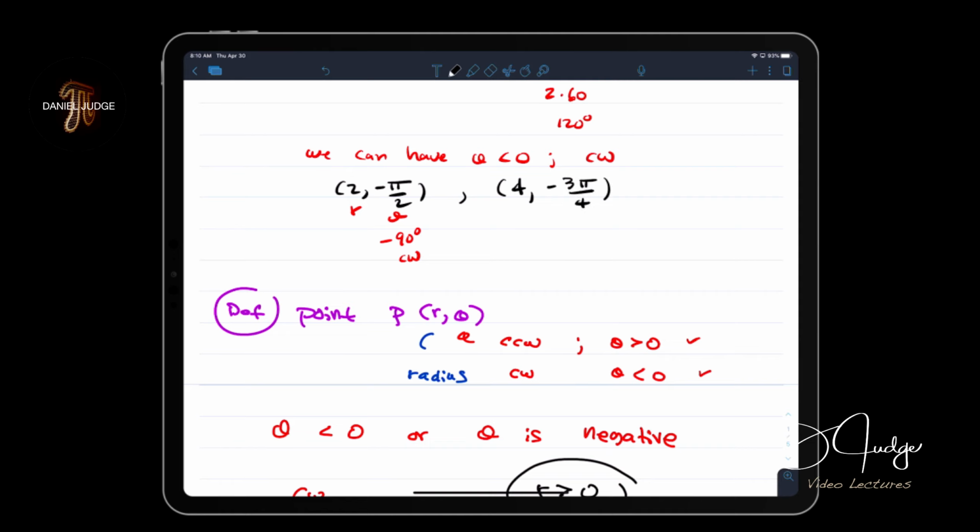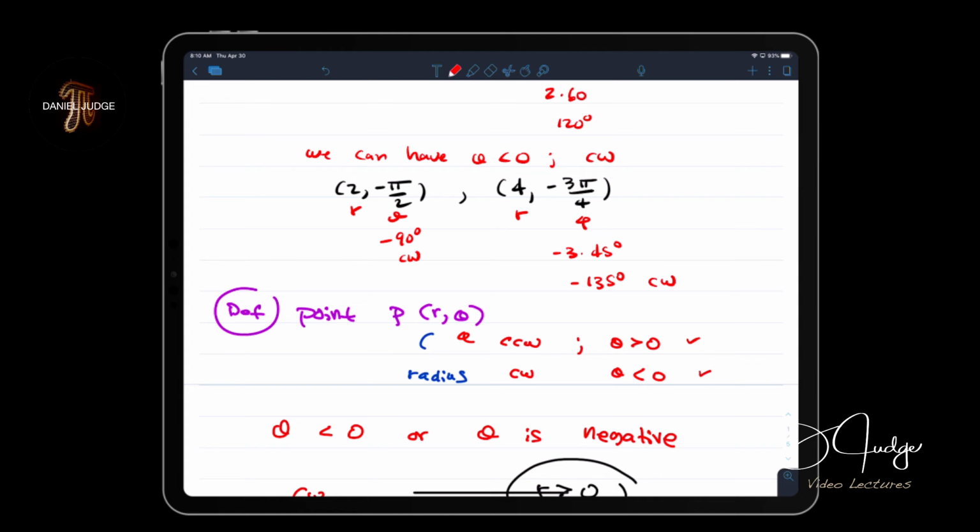Okay, here's a radius. Well, what's the value of negative 3 pi over 4? Isn't that negative 3 times 45 degrees? 3 times 45 is 135. That's negative 135 degrees. Clockwise rotation again.